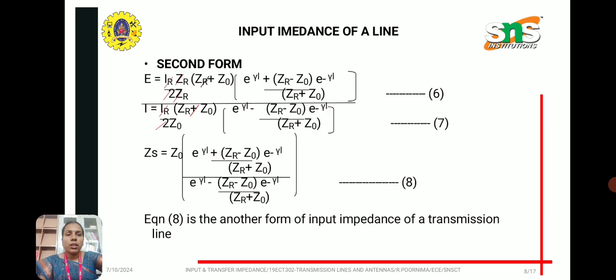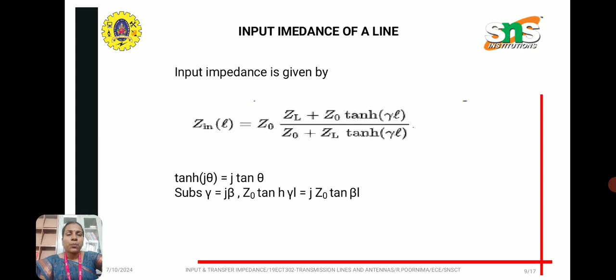After that, dividing E by I, we get Zin in terms of ZR and Z0. This is another form of input impedance of a transmission line. The previous hyperbolic equation is modified in terms of tanh.